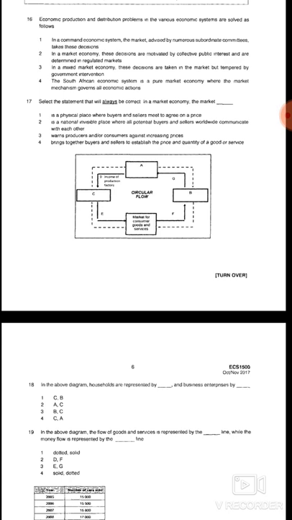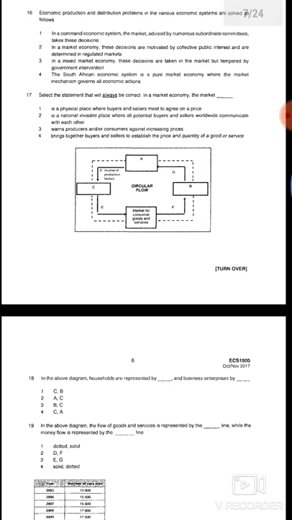Question number 17. Select the statement that will always be correct. In a market economy, the market, so in a market economy, remember, we have private companies. So option number 1 is a physical place where buyers and sellers meet to agree on prices.